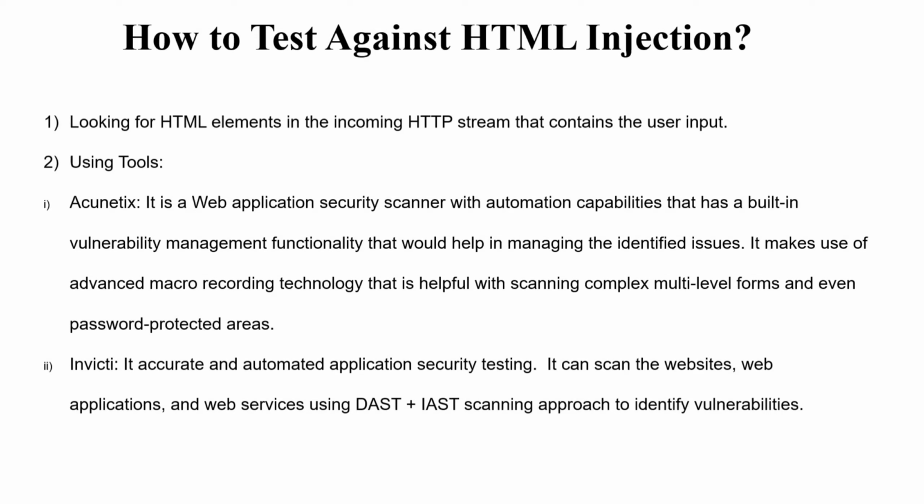It makes use of advanced macro recording technology that is helpful in scanning complex multi-level forms and even password protected areas. Invicti is an accurate and automated application security testing tool. It can scan websites, web applications, and web services using a scanning approach to identify vulnerabilities.